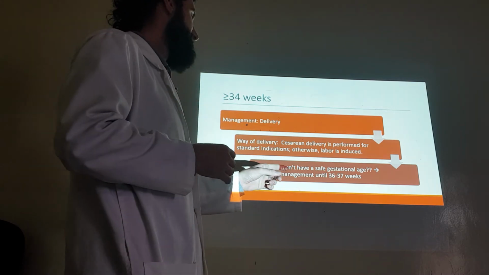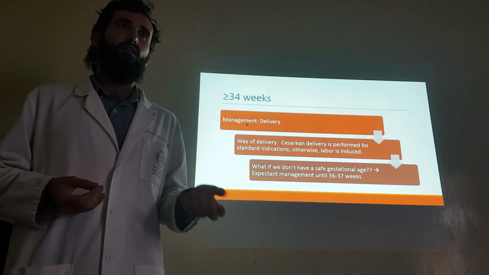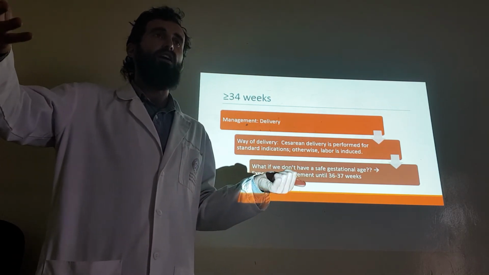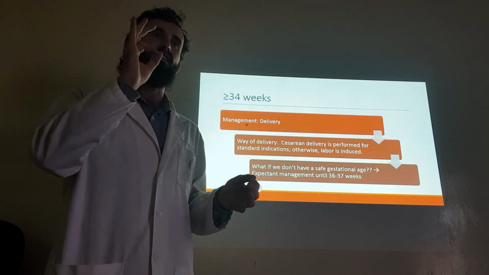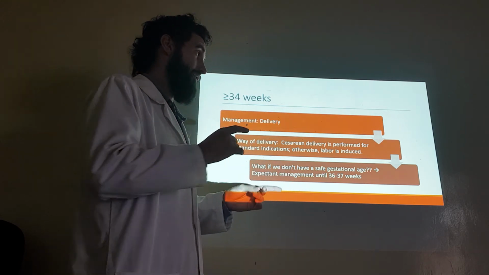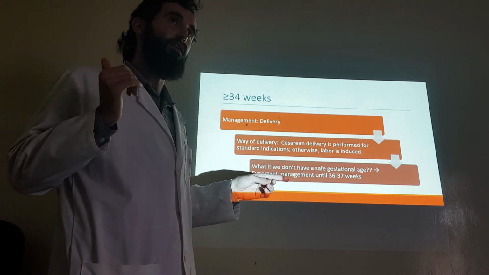What if we don't have a safe gestational age? And this is the problem very common here in Bagadri. Or we have, for example, an ultrasound, but a late ultrasound, after 28 weeks. So we will have a difference of 3 weeks of the exact gestational age. So in those cases, we have to be very careful with this, because this is going to be very common here in Bagadri.